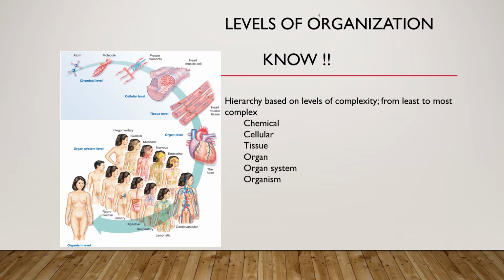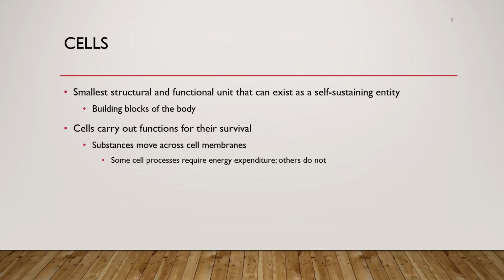On the bottom of page 344 is an overall view of the cell structure. The cells. Again, please make sure you know the definition of what a cell is and what it needs in order to survive.